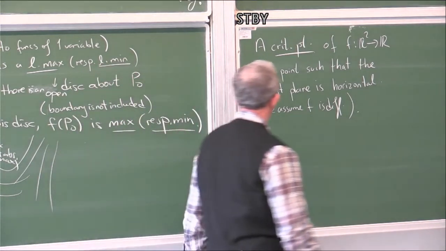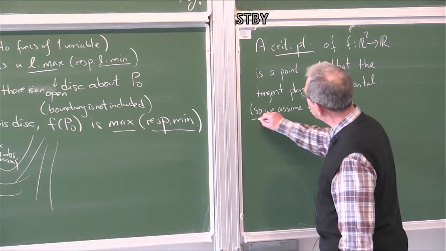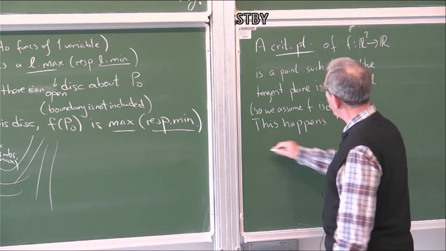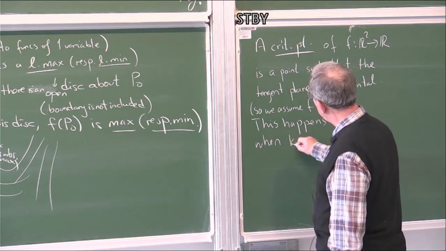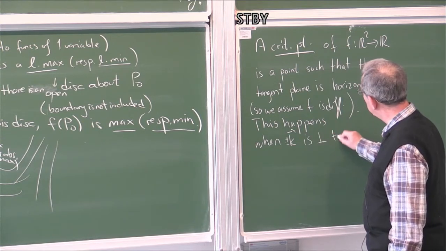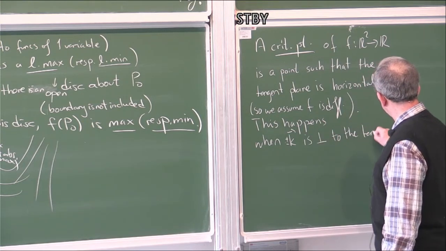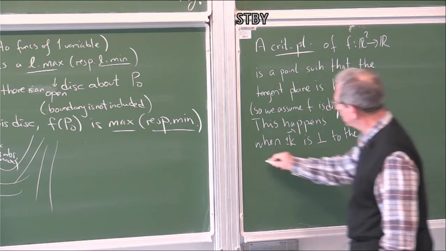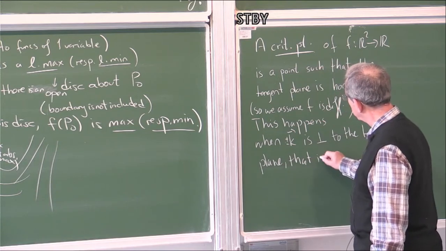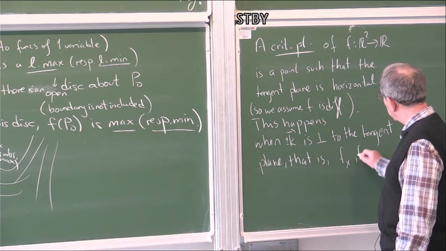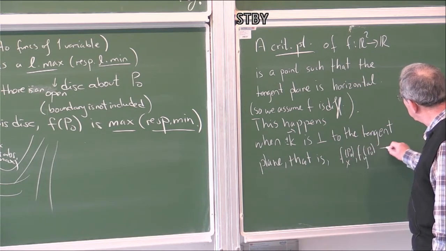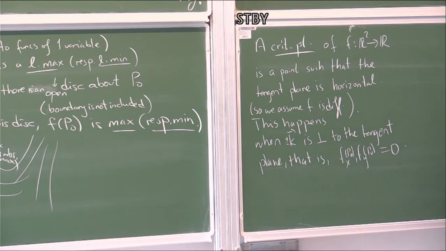That's to say, this happens when k or minus k is perpendicular to the tangent plane, that is, f sub x and f sub y at p0 are equal to 0.